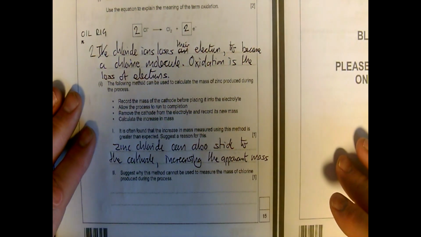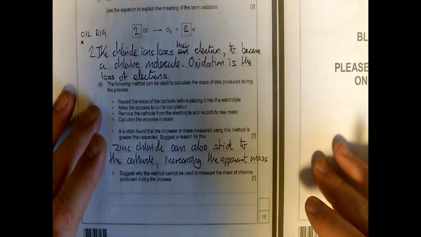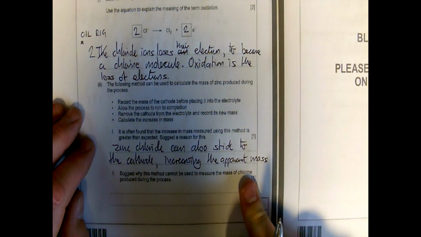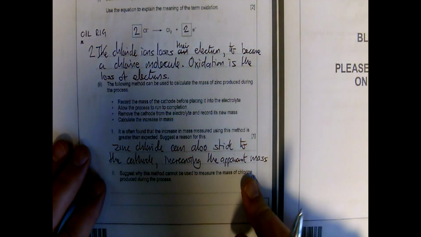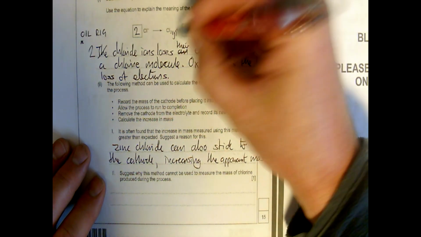So what can happen is that the picks up not just the zinc, but also it picks up electrolytes, so the zinc chloride embedded in the zinc metal as you pull it out of the dish.